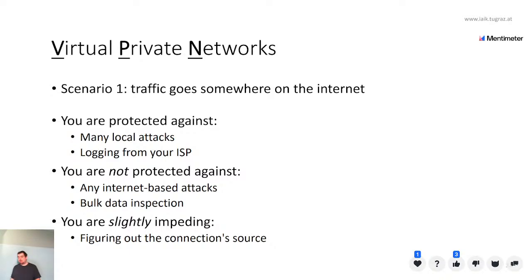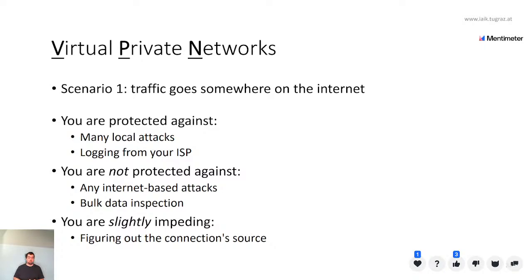Any internet-based attacks. Any kind of routing attacks, any kind of DNS hijacking, compromise of DNS resolvers, compromise of DNS servers. Any of the shenanigans you can get up to at that level. Obviously, I mean, you are protected, but your VPN isn't.